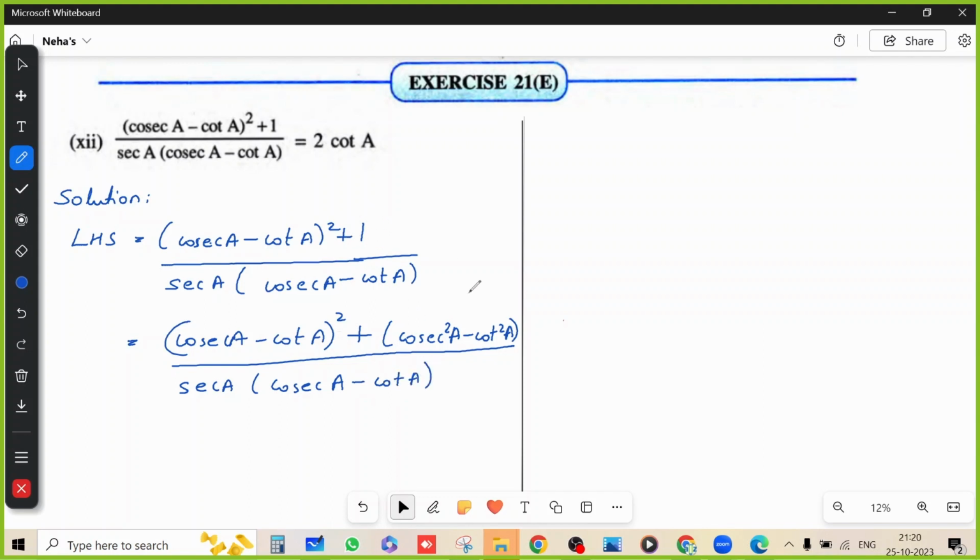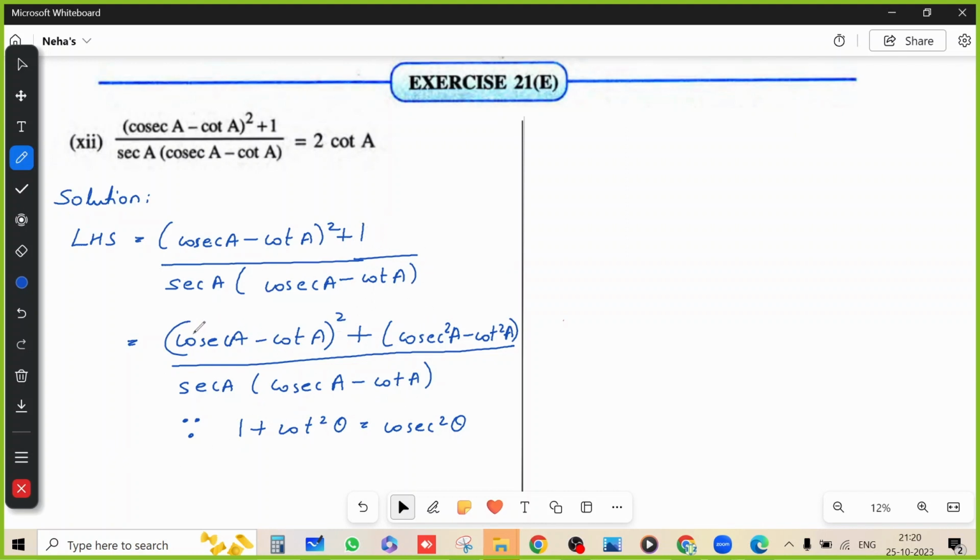The plus 1 here was changed into this form by using the trigonometric identity that 1 plus cot square theta is equal to cosec square theta. Therefore, cosec square theta minus cot square theta is equal to 1. So we have changed it in this form.